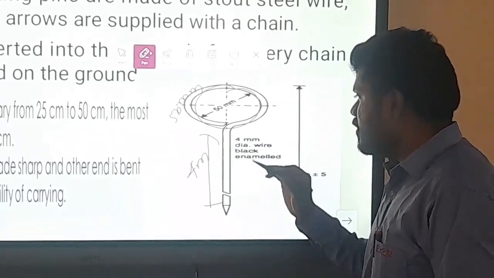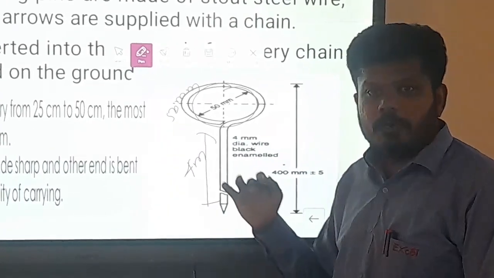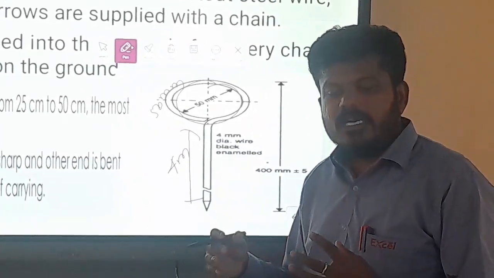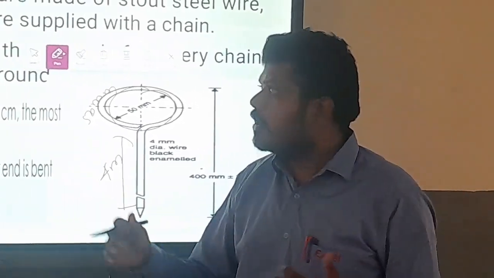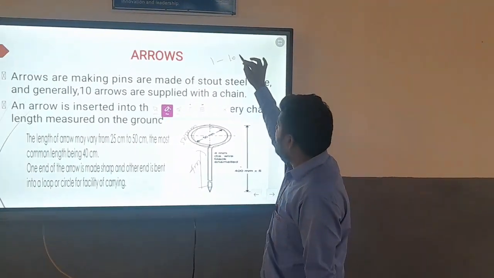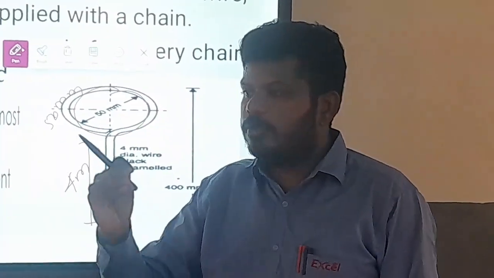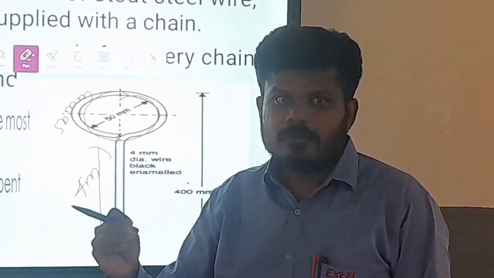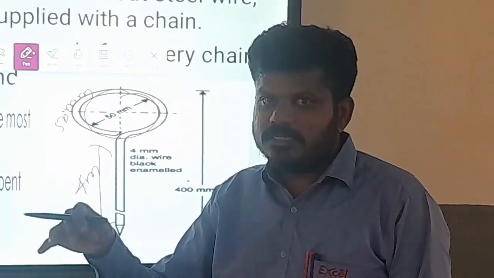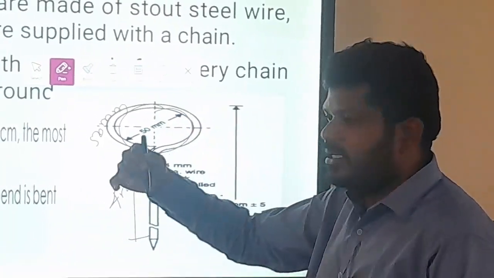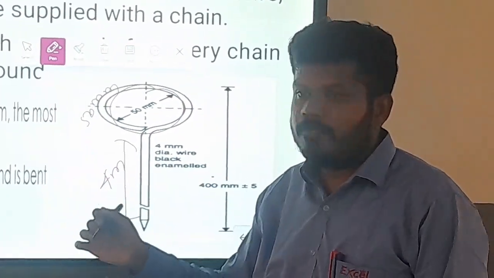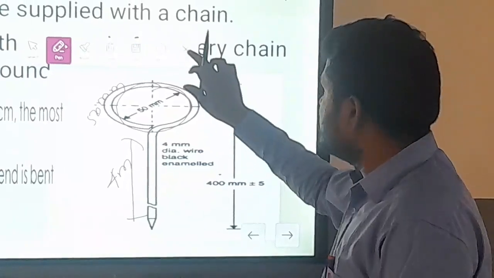The basic function of these arrows or pegs is the identification of landmarks. For example, we take 1 to 10 points in the land. We can't identify or justify where the points are on the land, so for identification purposes, we place these arrows in the places where we need them. That is the purpose of these arrows.